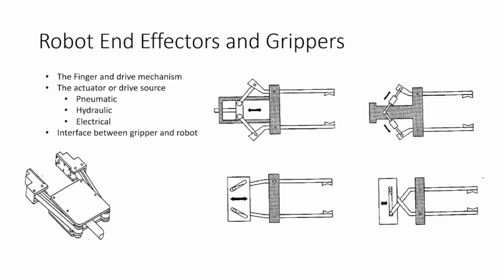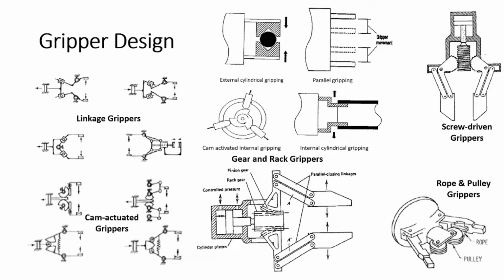Third is the interface between the gripper and the robot. That means when to extract or when to put in the power. So these two you need to know. This one I won't go into too much; I will just pull through what you need to do.